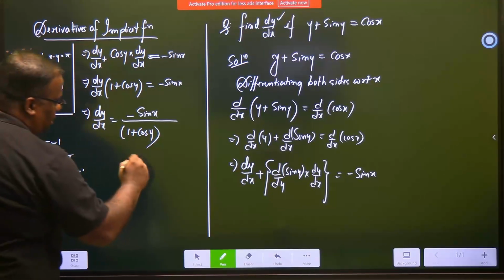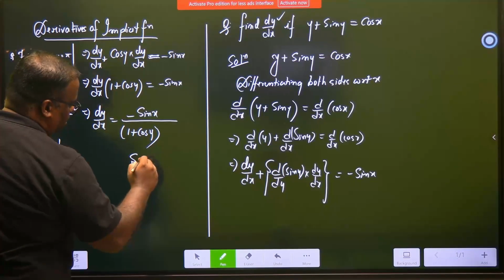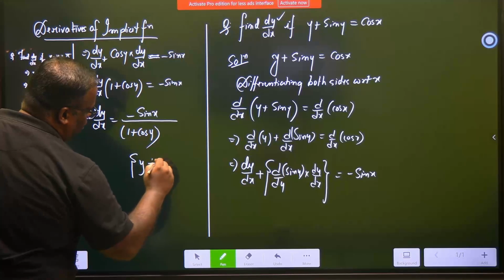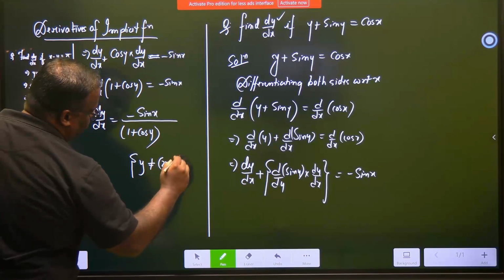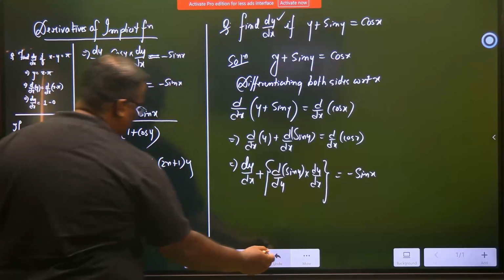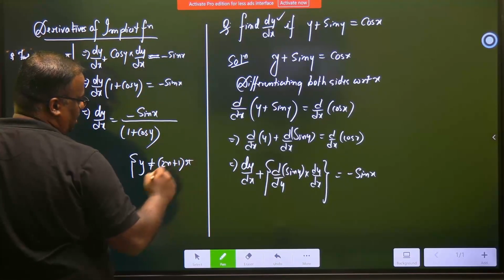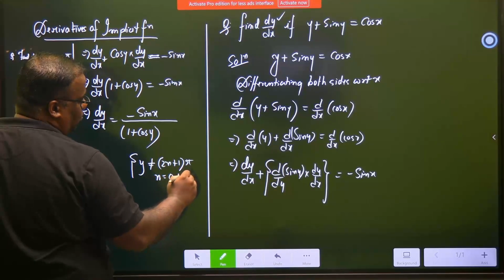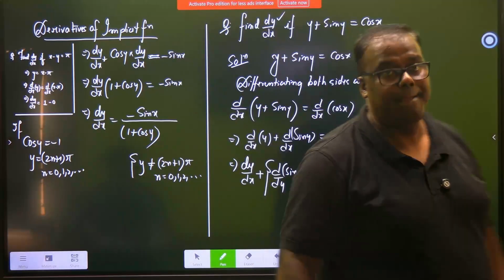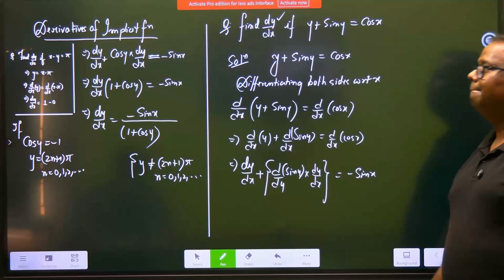Therefore you should write here that this is valid where y is not equal to (2n plus 1) pi, where n is equal to 0, 1, 2. Otherwise your expression will not hold correct. Clear?